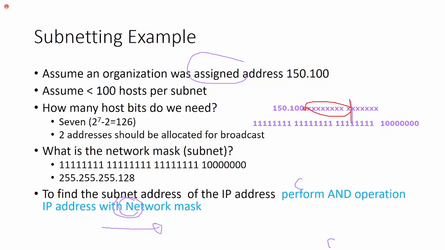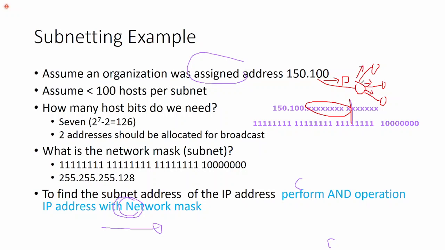Now the advantage of this is if you get any IP address in this 150.100 something, let's say 150.100.192.10, you want to find out which network this belongs to. Because this IP address comes to 150.100, you come to this network. Now, this network we have divided into 3 other networks. Now this router wants to understand when the 150.100.something.192.5 IP address comes here, whether you should send it to this network or this network or this network.